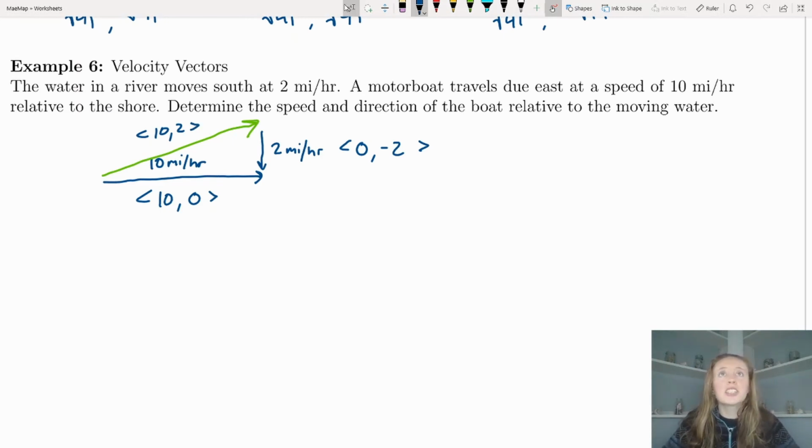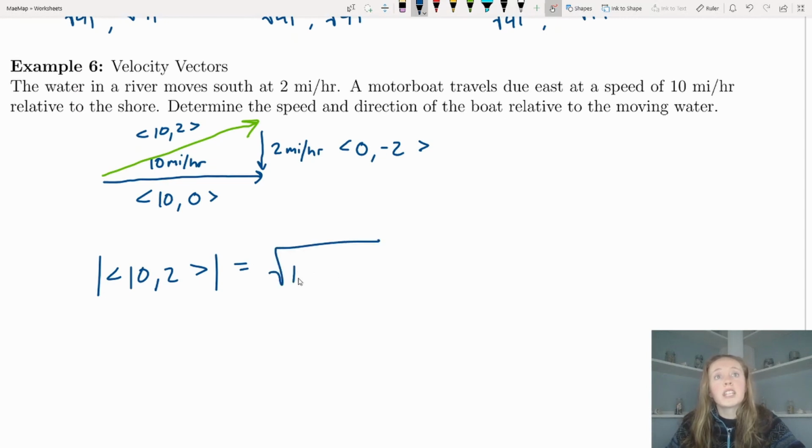Again, speed is just the magnitude of that vector. The magnitude of 10, 2 is the square root of 10 squared plus 2 squared, which is the square root of 100 plus 4, the square root of 104.